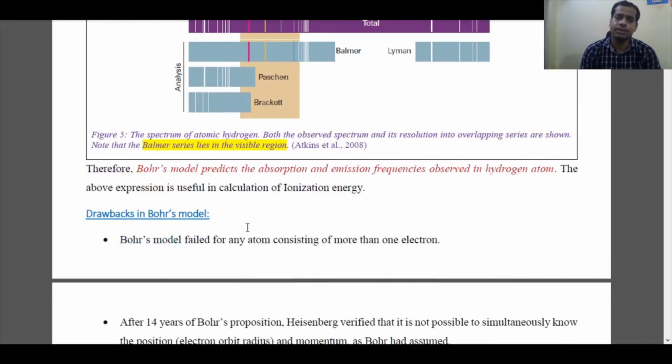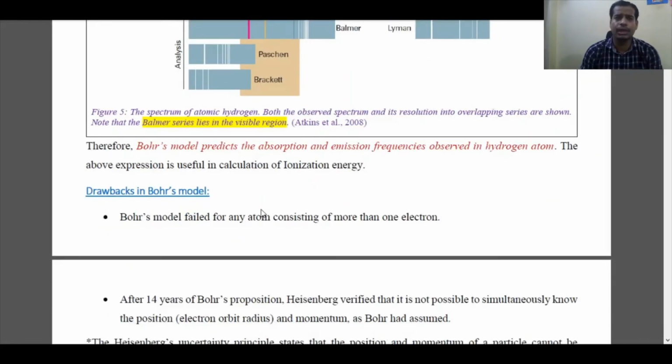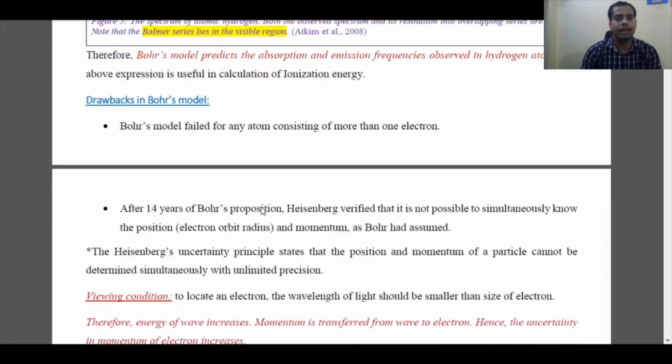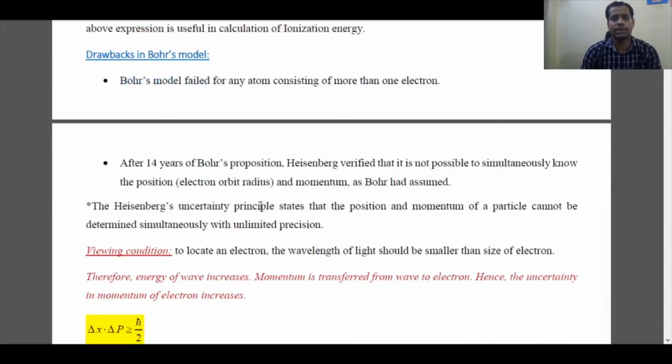So this was all about Bohr's model, and from Bohr's model, with the help of Rydberg constant, Rydberg formula maybe, we could explain the hydrogen atomic spectra. But there are some drawbacks associated with Bohr's model.